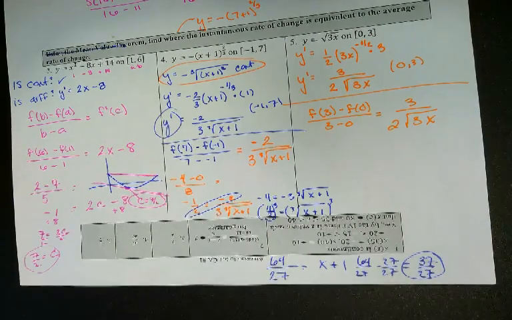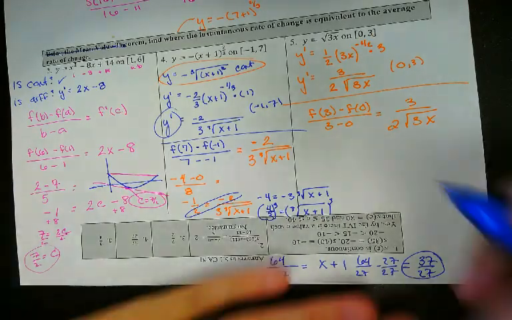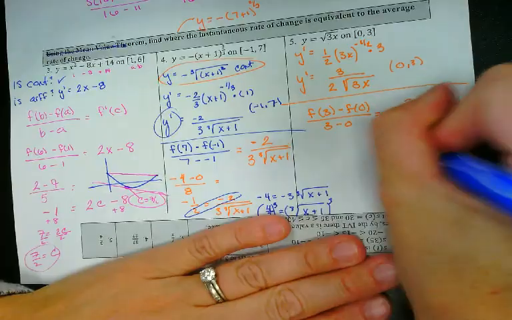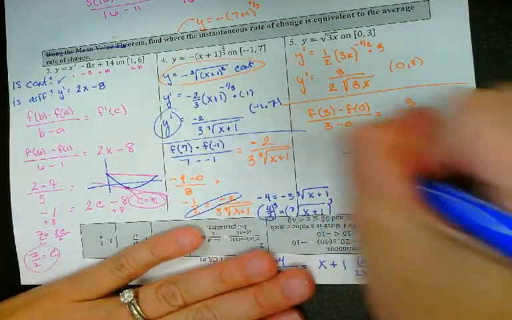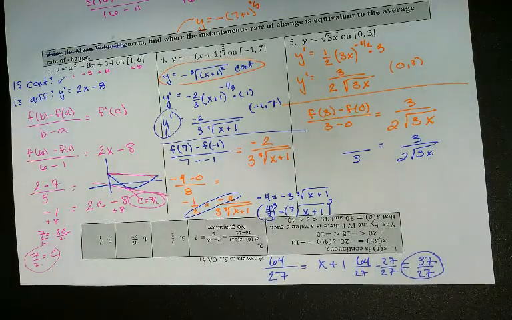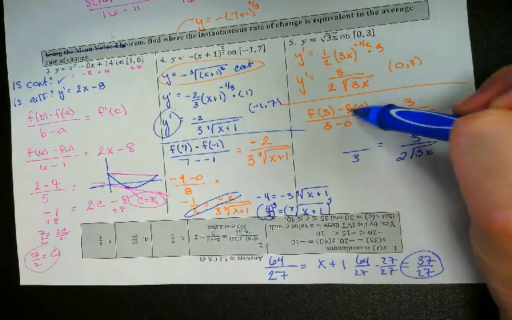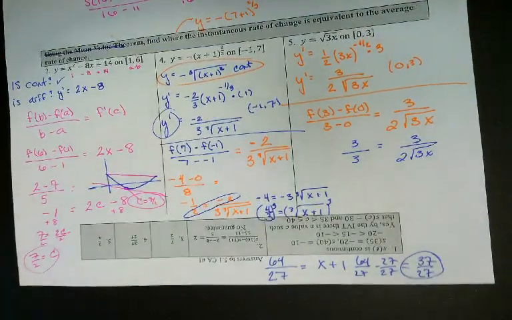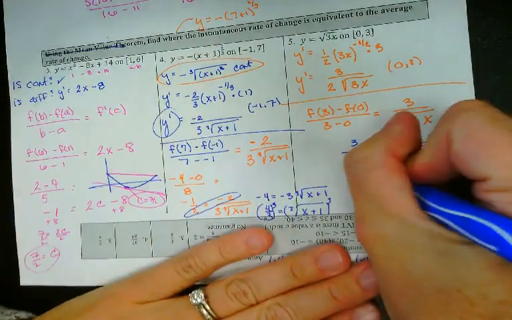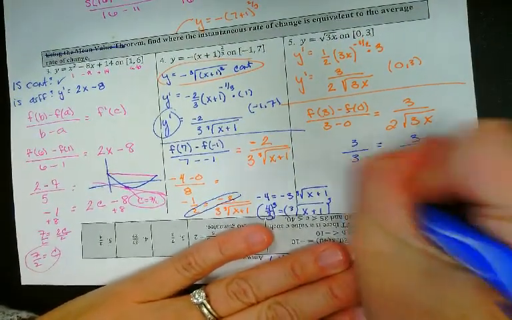Take a minute and evaluate f of 3 and f of 0. f of 3 just gets us 3. f of 0 gets us 0, so I think I just get 3. 3 over 3 is 1. Equals 3 over 2 square root of 3x.